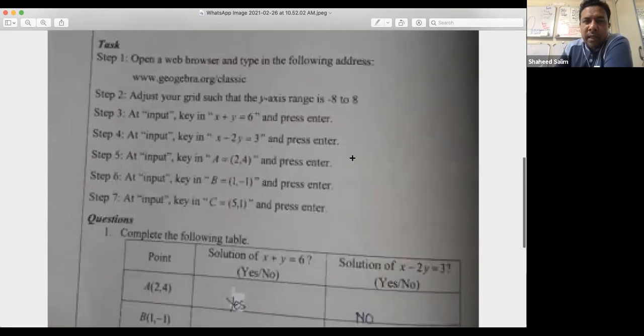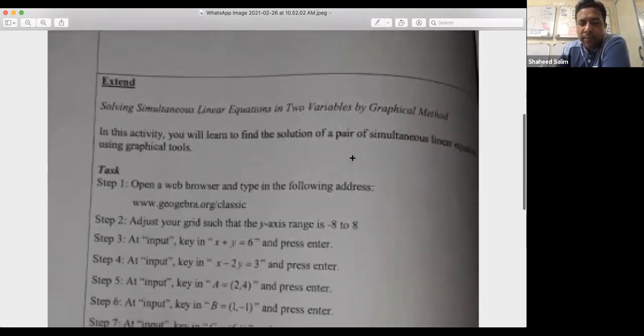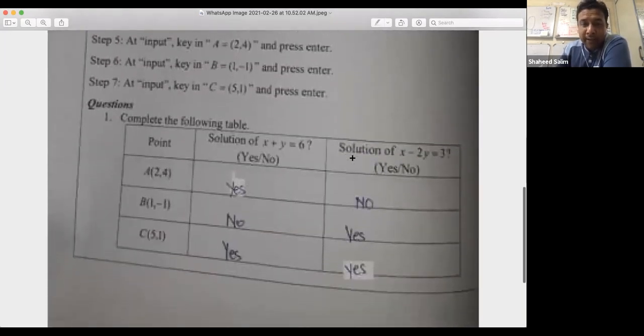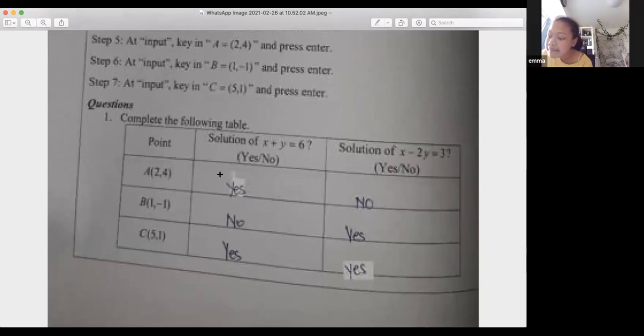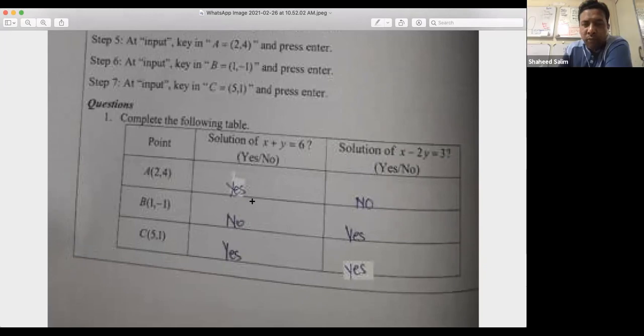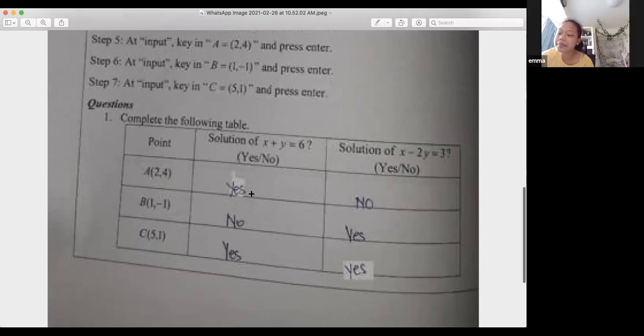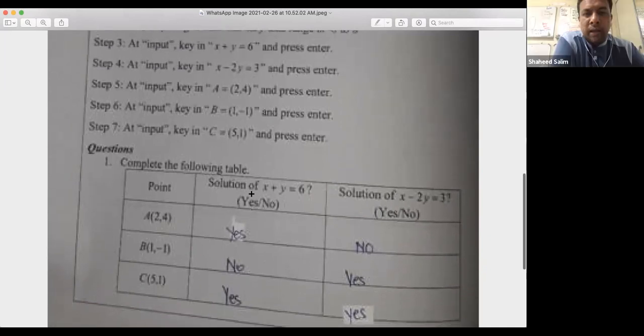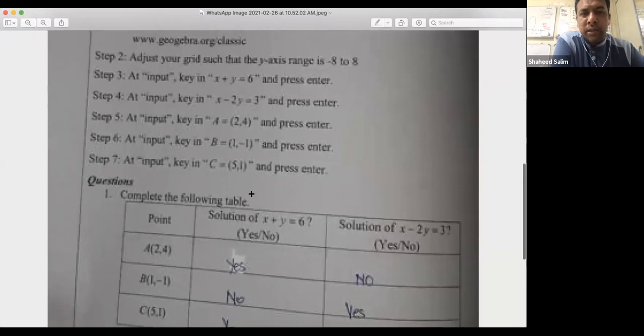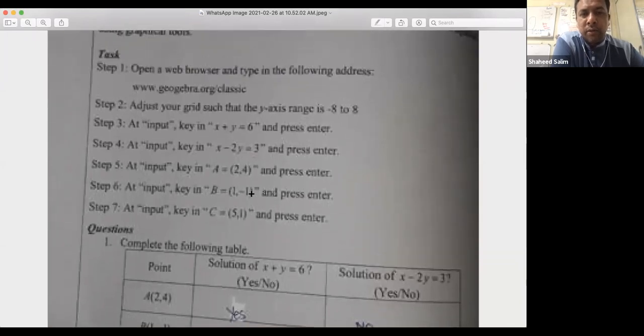Is this a simultaneous equations question? Yes. When you have down here 5-1, why is it 5-1? You see the step one, right? It's on a website. I am not too sure what this is actually. Let me see whether I can open it. Okay, we go to this website.